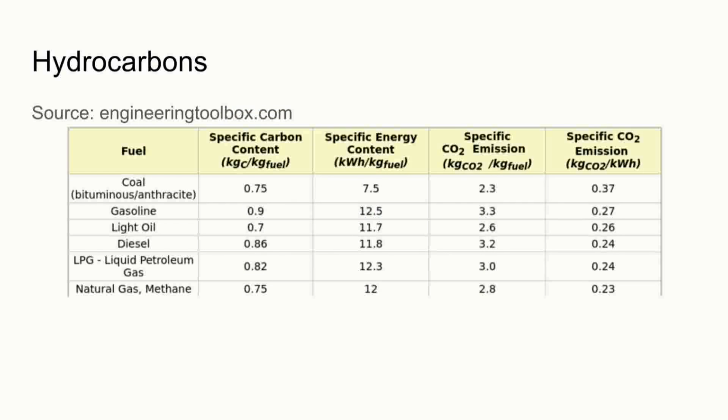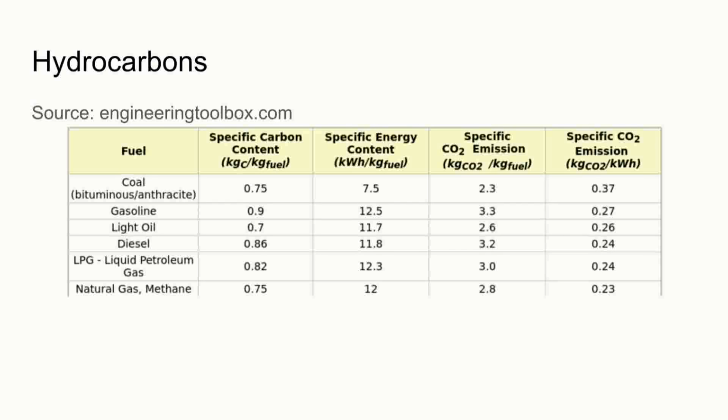Now, we're using a propane burner to generate the CO2. So we can also do some cool things with fuel estimation or energy production. And so this table shows the ratios, the specific CO2 emission per kilogram of fuel.